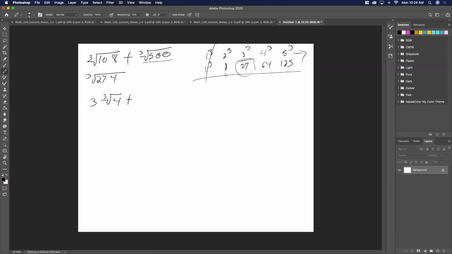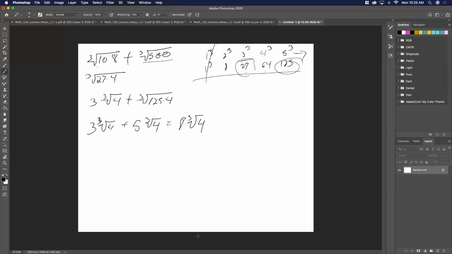It ends up being no. Is there a 27? No, no. And then here you get this one. This is just 4 times this. And so I have the cubic root of 125 times 4. And so this simplifies to 3 cubic root of 4 plus, pull out the 5, 5 cubic root of 4, and this equals 8 cubic root of 4. Do you see how to do that one?